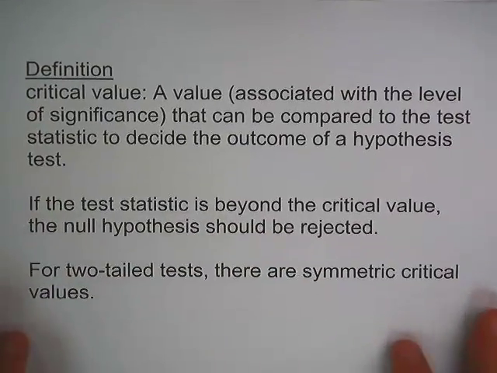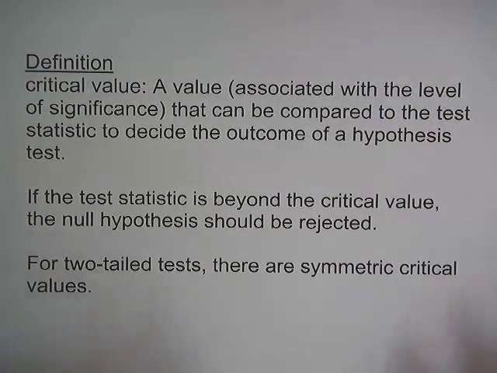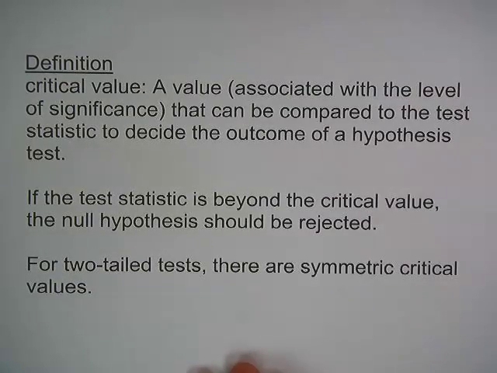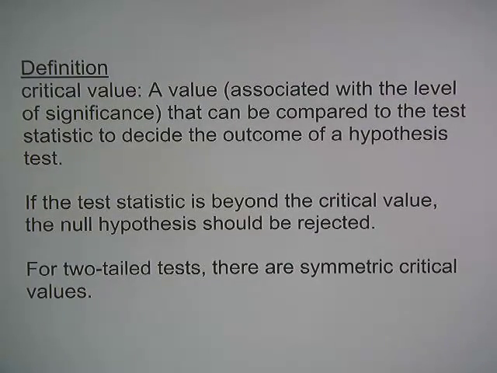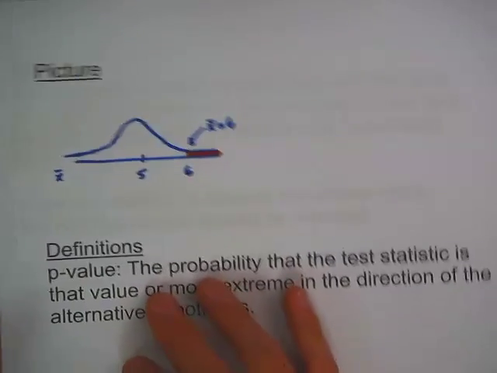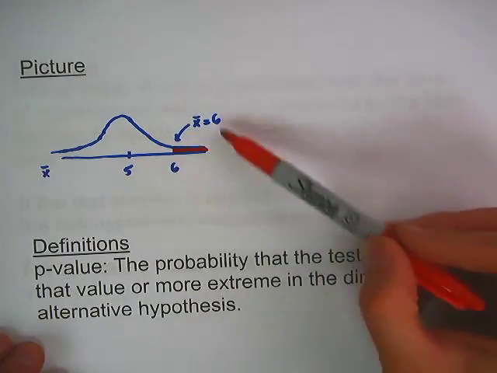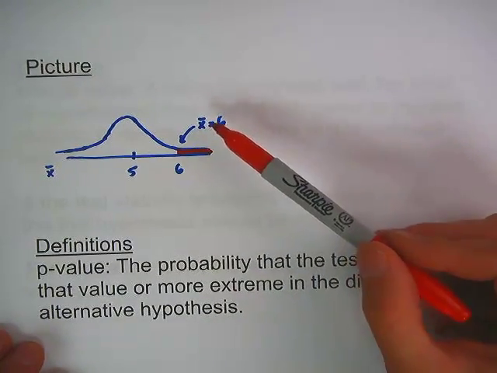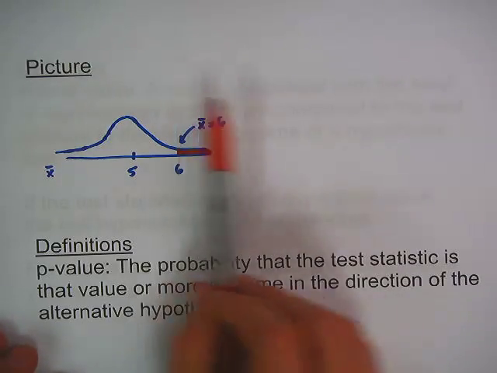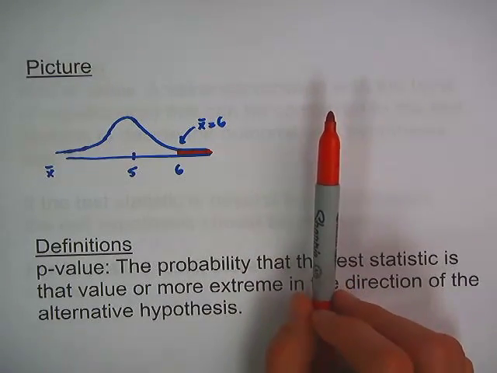When we're talking about hypothesis tests like this, we can also think about our critical value. A critical value is a value associated with the level of significance that can be compared to the test statistic to decide the outcome of a hypothesis test. If we go back to the picture here, let's say that we had a level of significance of about 5%. That would mean the upper 5% of our values would be considered unlikely.